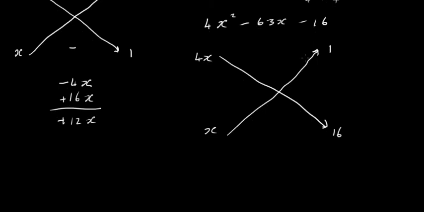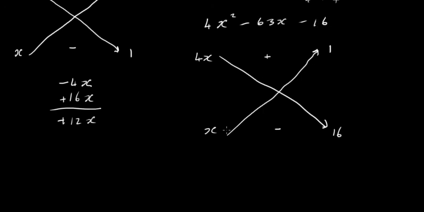Okay, now I needed a plus times a minus, so again let's put the plus here and the minus here. I think we might get a 63 here. I'm not too sure about the signs yet, but let's have a look. 4x times x will give me 4x squared. Plus times minus will give me minus, and 1 times 16 will give me the 16. So this one is okay.